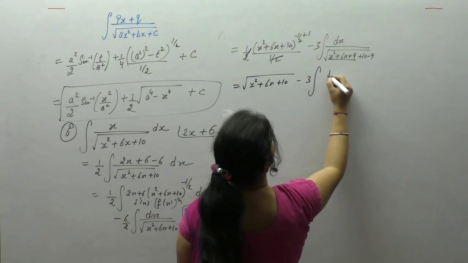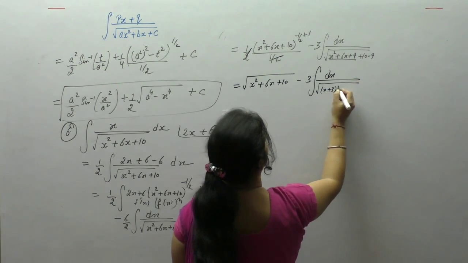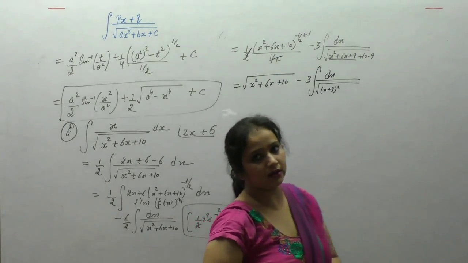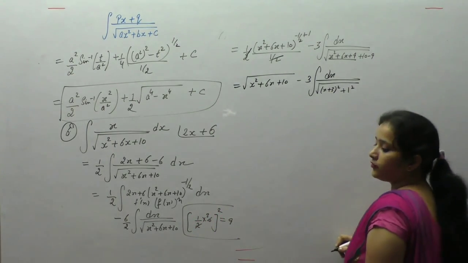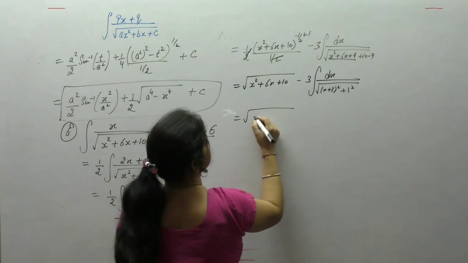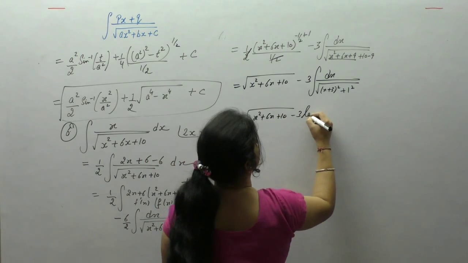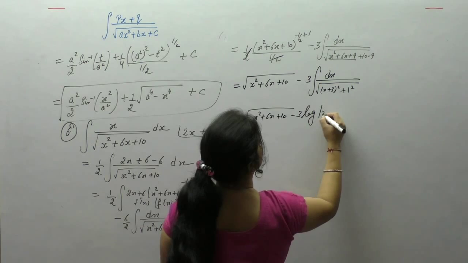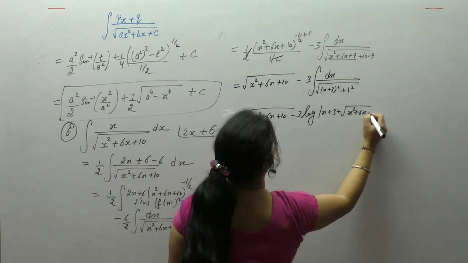Minus 3 integral of dx upon square root of (x plus 3) whole square plus 1. 10 minus 9 is 1. We can write 1 as 1 square. Integral of 1 upon square root of x square plus a square is log of x plus square root of x square plus a square.